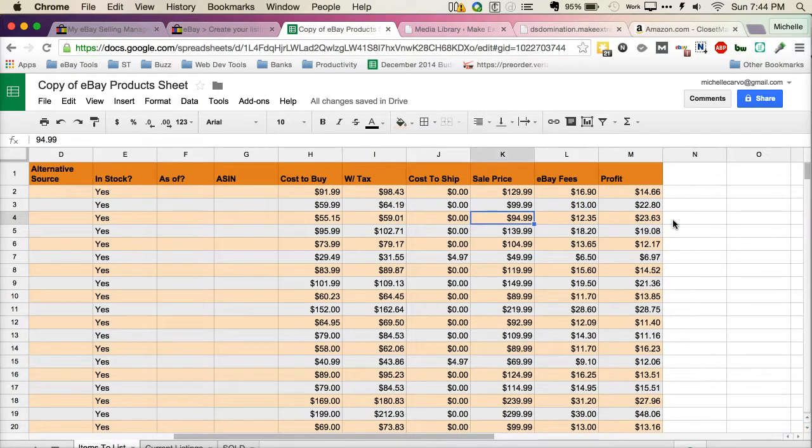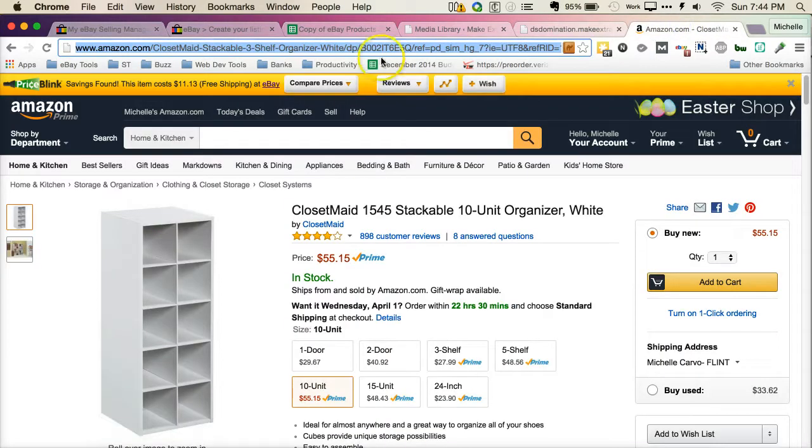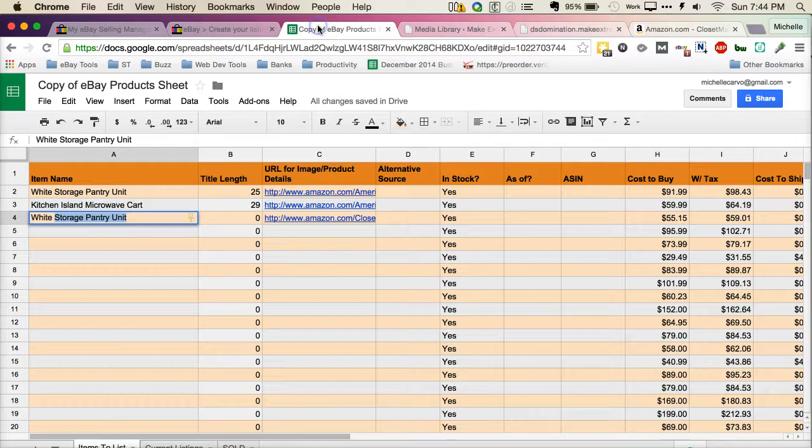I want a $15 to $20 profit in general with these kind of items. You might want to go lower if it doesn't sell the first time around. Let's just say white, and I believe this is a 10 cube. Again, we're not necessarily going to use these keywords. These are just our basic research. So we've got 3 items now.